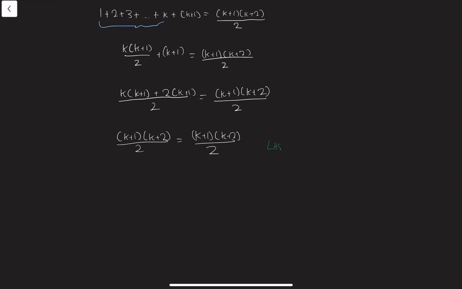We have our left-hand side equal to right-hand side, so it is proved by induction. Fairly straightforward. And as you can see, the majority of this is algebraic manipulation to get the sequence or the summation, or whatever it is that you're trying to prove, in the right format such that you can solve.